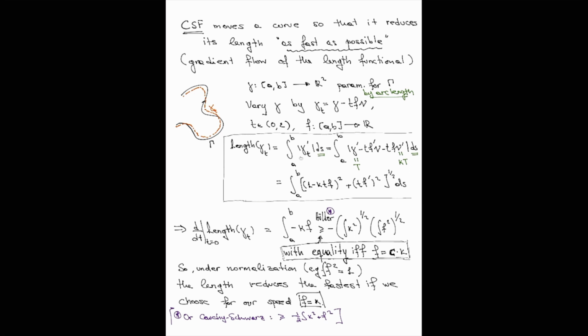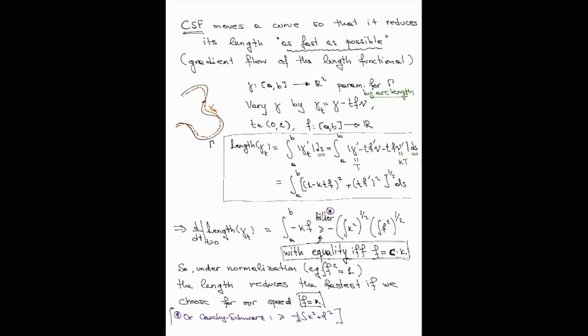So you get gamma prime minus t f prime nu minus t f nu prime. Now we have to remember the equation from the first slide. Nu prime gives me the curvature. Gamma prime is the tangent vector. Okay, so these two are tangent vectors, and this one is the normal vector.